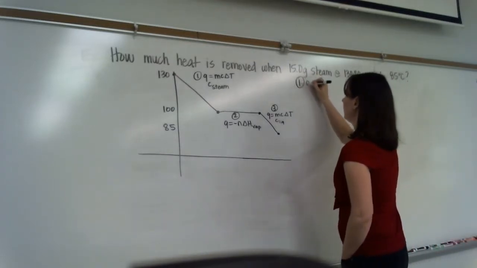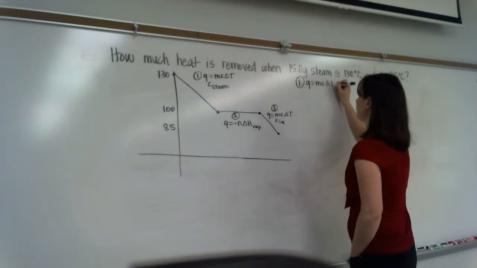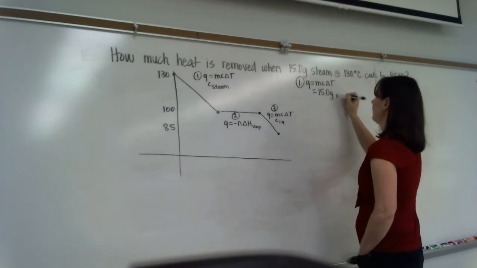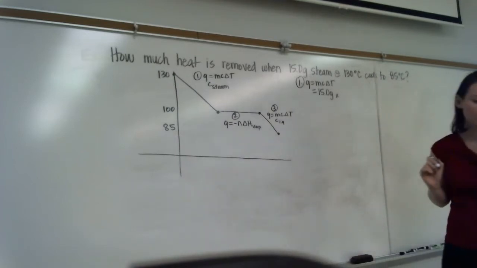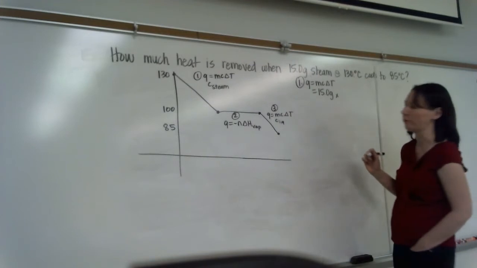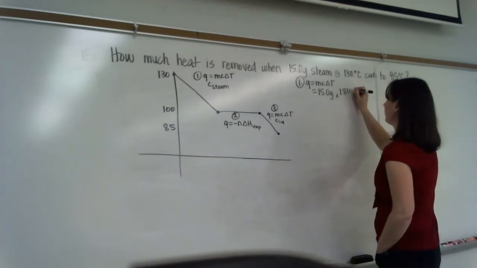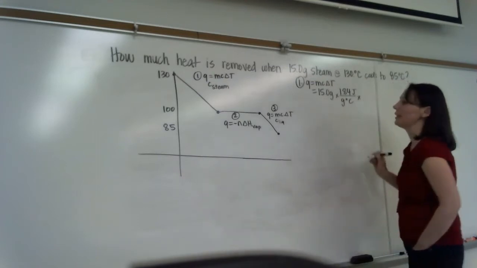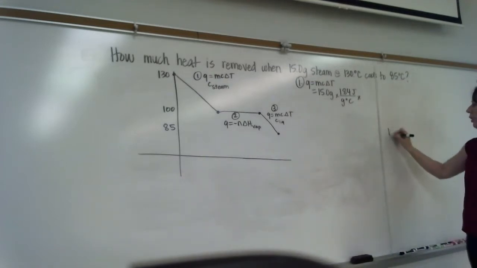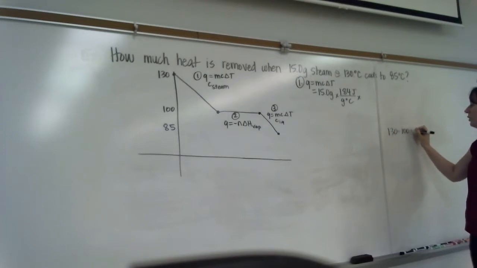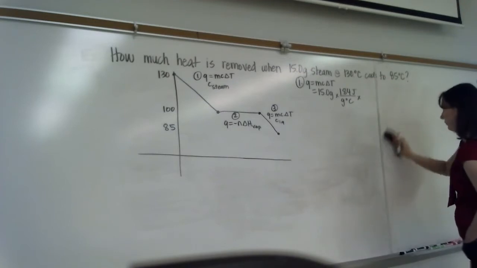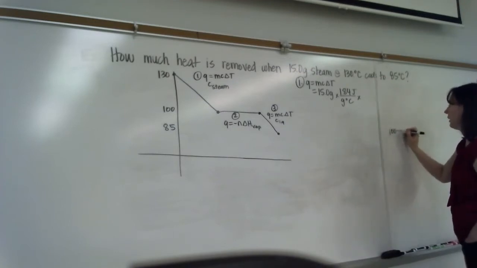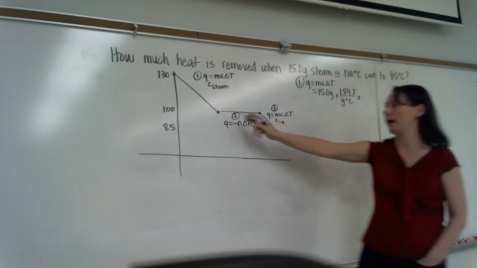Number 1, Q equals MC delta T. So that's 15 grams times the heat capacity of steam, and my handout says 1.84 joules per gram degrees Celsius. And delta T is always final minus initial. So 100 minus 130, because remember this is the final, this is the initial.